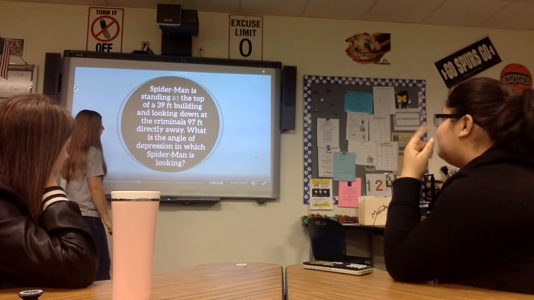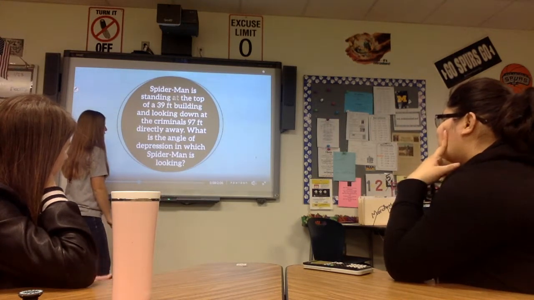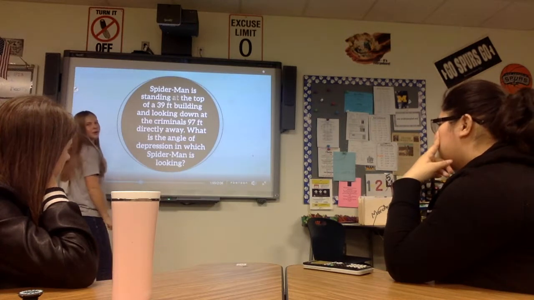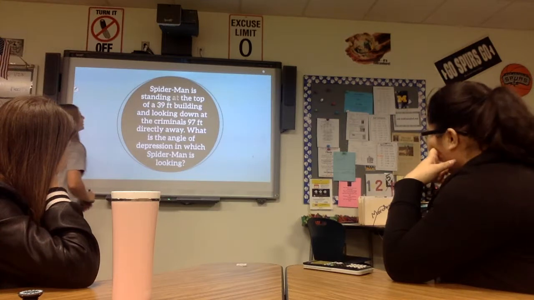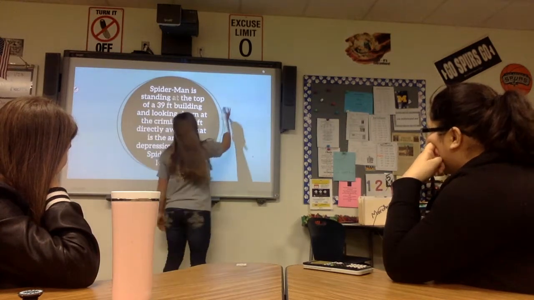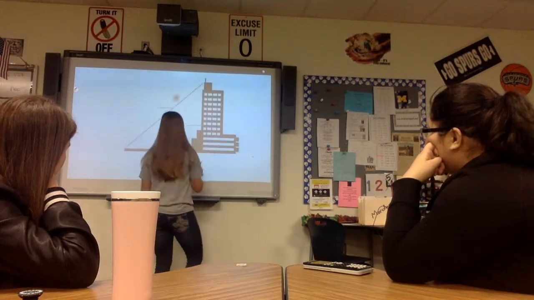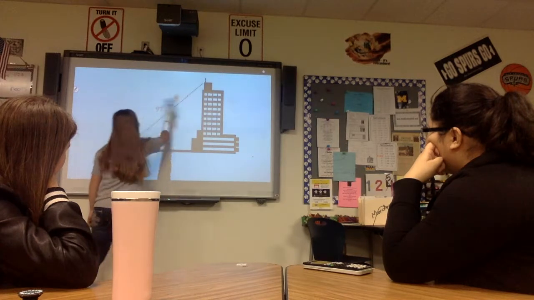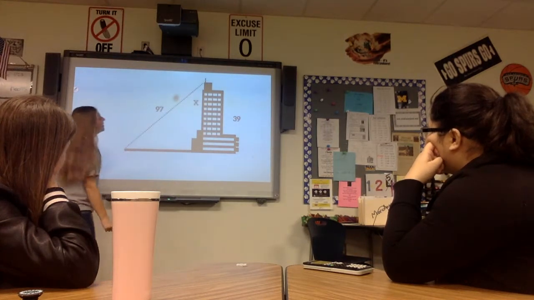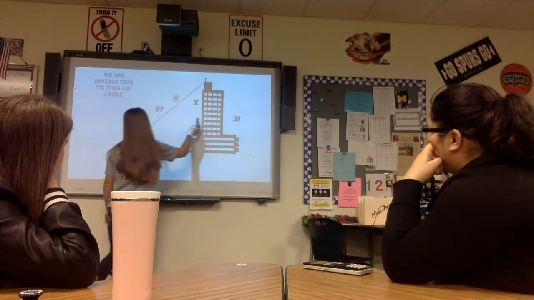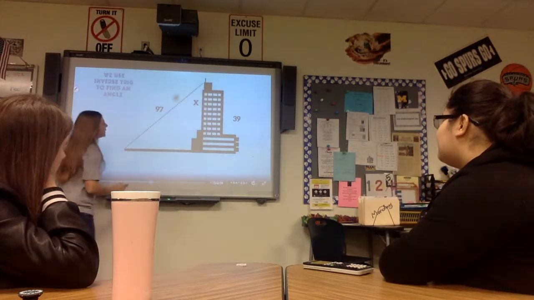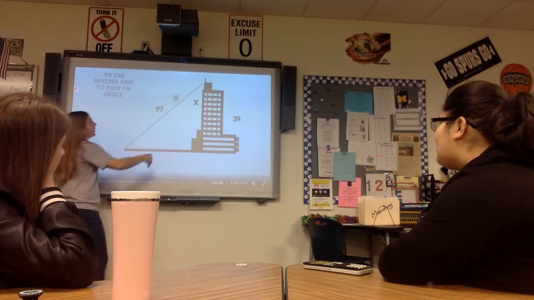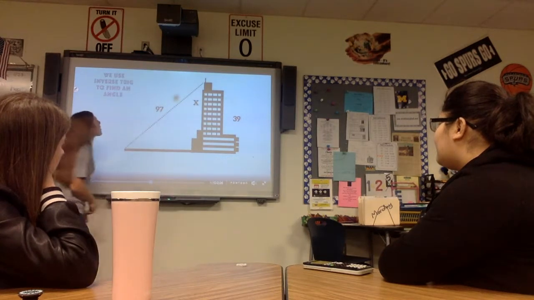What is the angle of depression in which Spider-Man is looking? So the building is 39 feet up. The angle right here where Spider-Man is, 97 feet, and we're trying to find this angle right here.